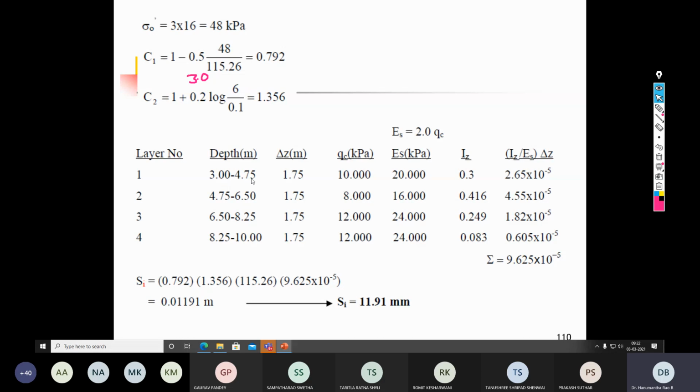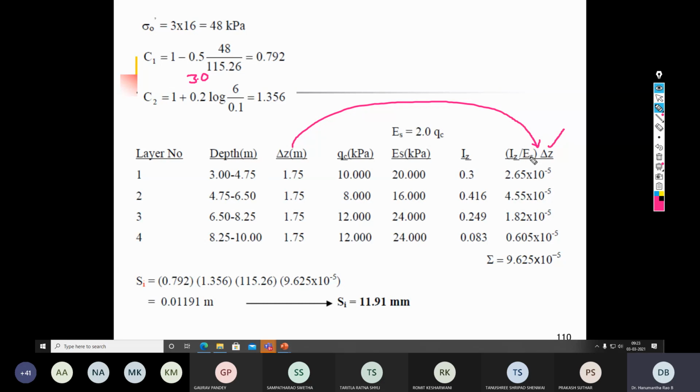That is 4.75 minus 3, that is 1.75. 6.5 minus 4.75, 1.75. 8.25 minus 6.5, 1.75. 10 minus 8.25, that is 1.75. So this is how you need to calculate the delta Z, because this delta Z is required to feed in the last equation, that is summation of Iz by Es into delta Z. So now identification of delta Z is over.